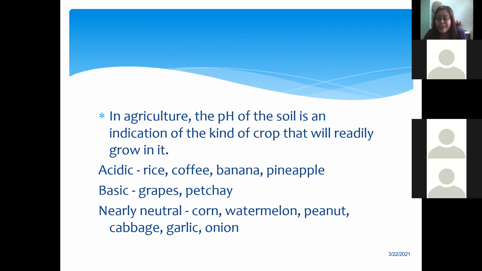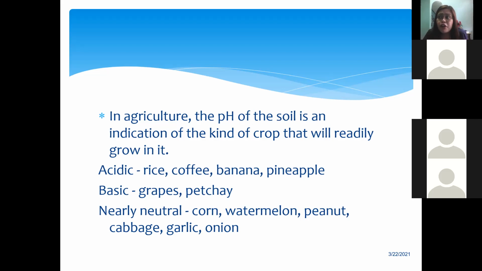Okay, so yes, that is correct, Cyril and Laika. Most likely, the soil there, in those places, is acidic. In Polomolok, remember what is grown there, you have pineapple, a lot of pineapple. Also a lot of banana, right?